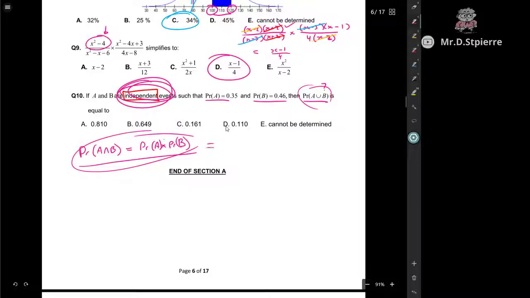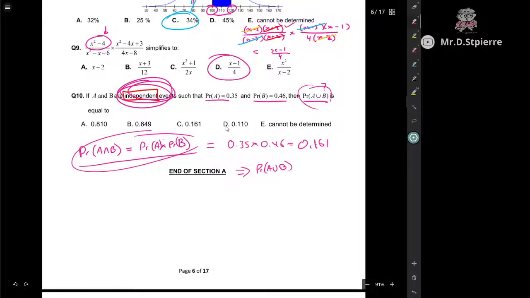So the intersect is equal to 0.35 times by 0.46. 0.35 times by 0.46 is equal to 0.161. So we get the union.